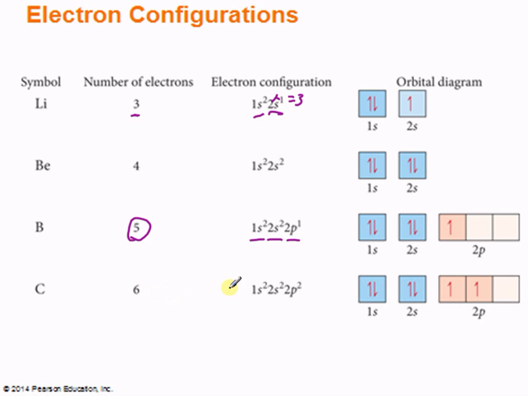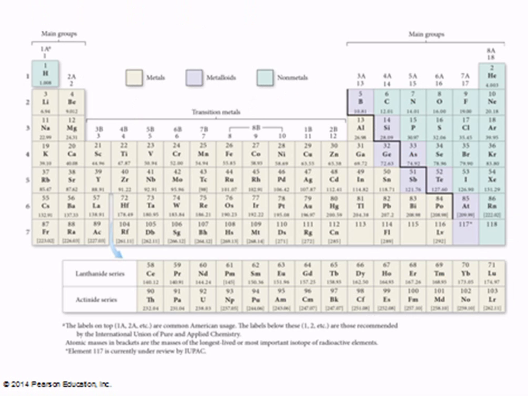Carbon, having 6, will have the 1s2, 2s2, 2p2 electronic configuration, and so on. So we can just look at how many electrons we have in each of the elements, and that's how we will find how the orbitals are filled in each element.